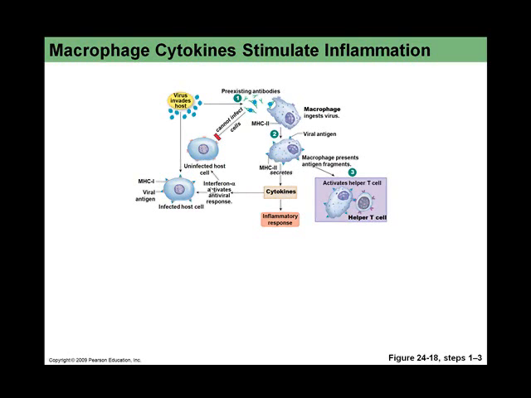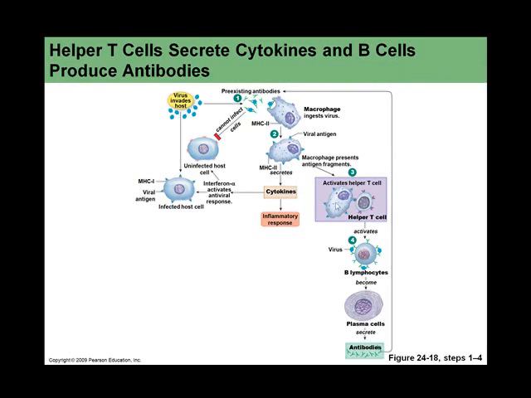Also, cytokines will be secreted. Interferon alpha activates an antiviral response in the infected cells to try to minimize the replication and the production of virus particles that can spread. Cytokines also contribute to the inflammatory response.